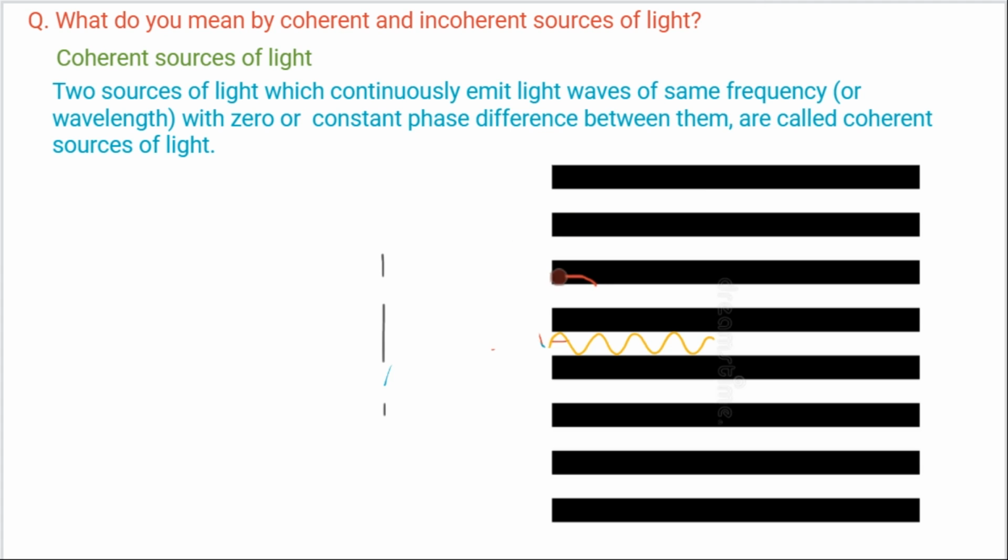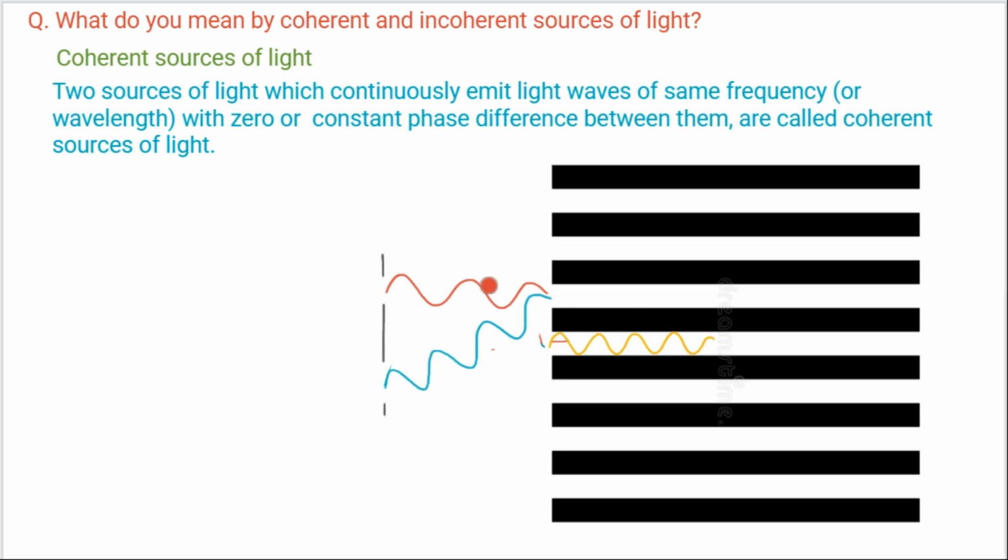Now let us consider the first order maxima. In this case, what happens? Suppose the light is coming from slit S1, one wavelength, two wavelength, three wavelength, and the light is coming from slit S2, one wavelength, two, three, four.